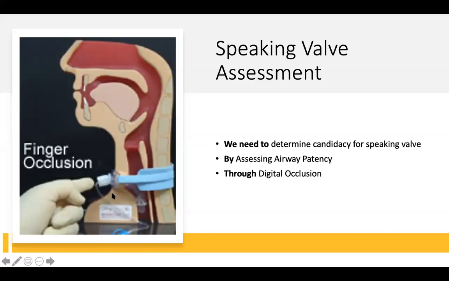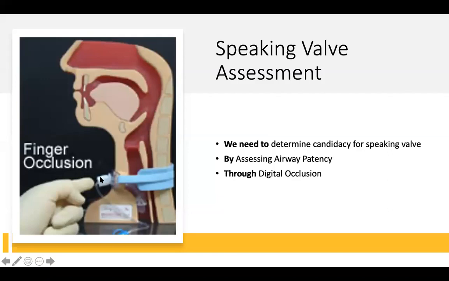And what that means is that you make sure, number one, that the cuff is completely deflated. You suction the patient if he has any secretions. You set the patient up properly to make sure that there is nothing blocking the airway. And then you put your finger against the opening of the trach. And you need to check if there is pressure against your finger.